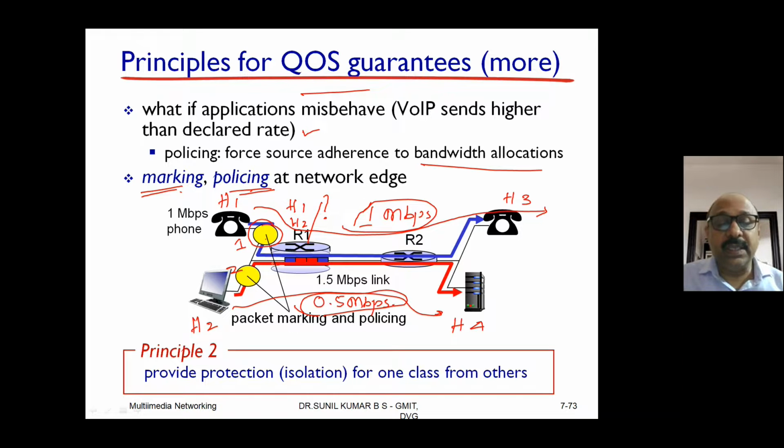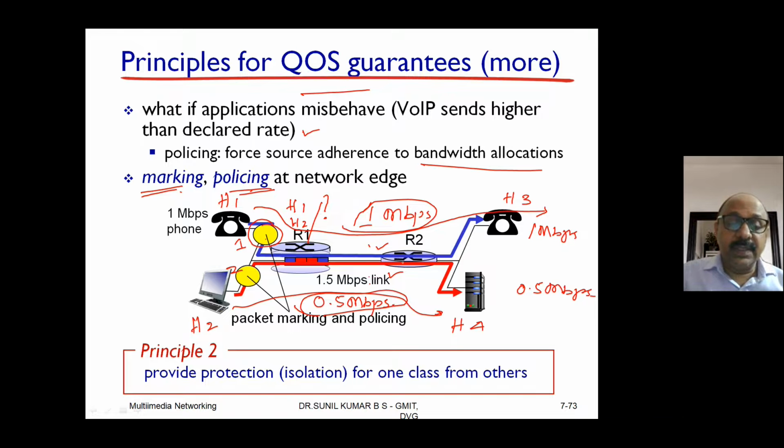So what is the policy in the system? We have to give support for the required bandwidth, and hence the policy says that the communication between H1 and H3 must be given only 1 Mbps, and the communication between H2 and H4 should be supported with 0.5 Mbps.